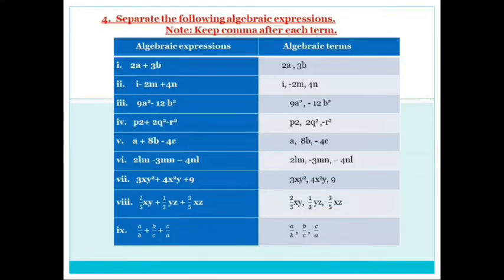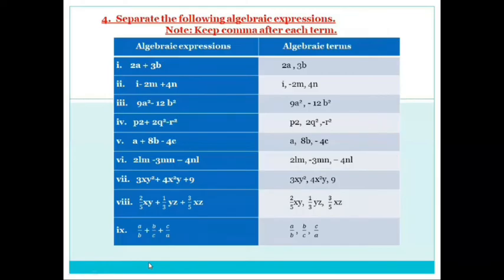Dear students, in the fourth, very simple value, we are given an algebraic expression. This is an algebraic expression which is connected by the sign of multiplication, sign of plus, sign of subtraction, and so on.